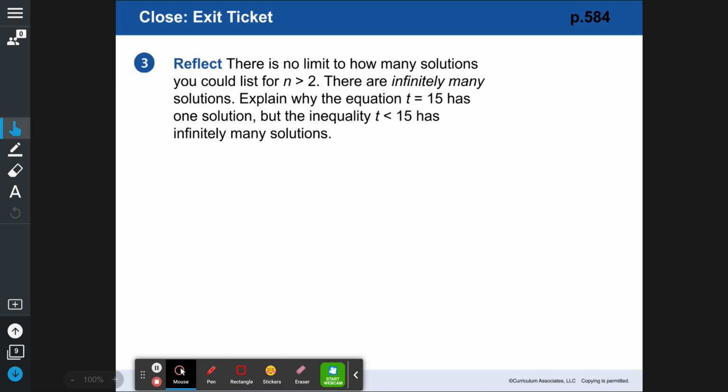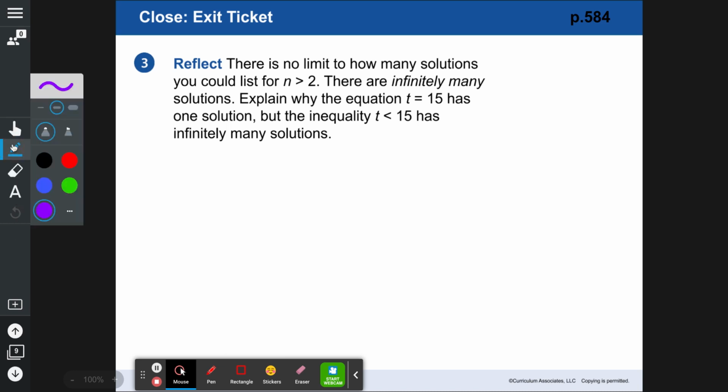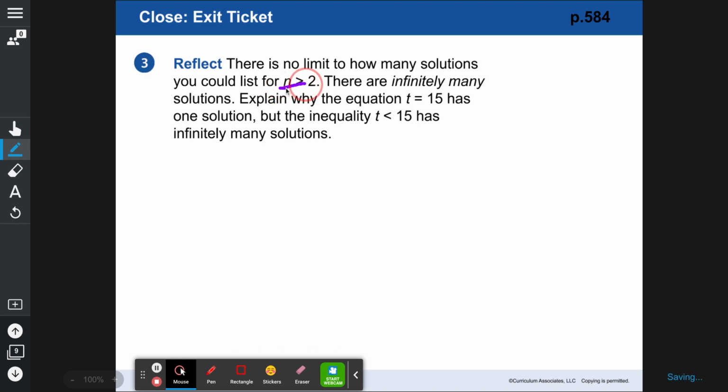Explain why the equation t equals 15 has one solution, but the inequality t is less than 15 has infinitely many solutions.